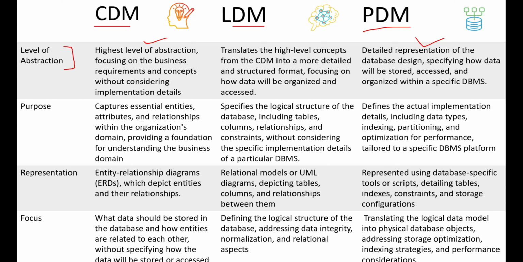CDM focuses on business requirements and concepts without considering the implementation details, right? And LDM takes the high level concept from the CDM into a more detailed and structured format, focusing on how data will be organized and accessed. But here it is more about storing, accessing, and organizing within the specific database. So that is the level of abstraction.